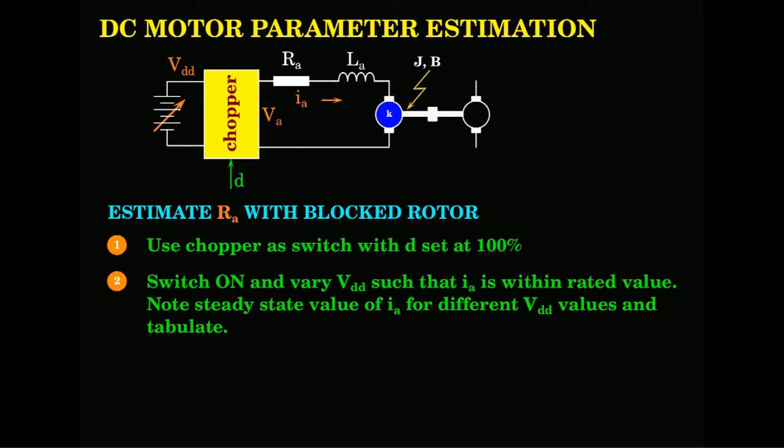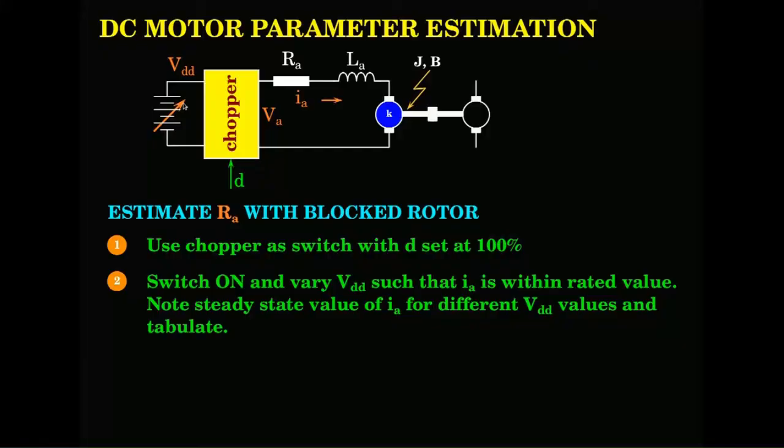So don't exceed the rating of the motor winding, the rated current. RA into rated current will be the maximum VDD that you should apply. So vary VDD, keep an eye on the current, and see that it doesn't shoot beyond the rated value. Within that rating you do this experiment.